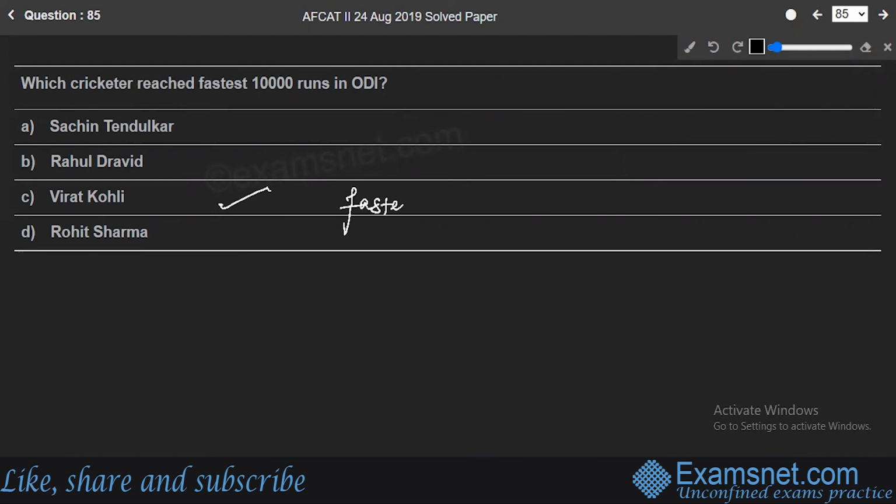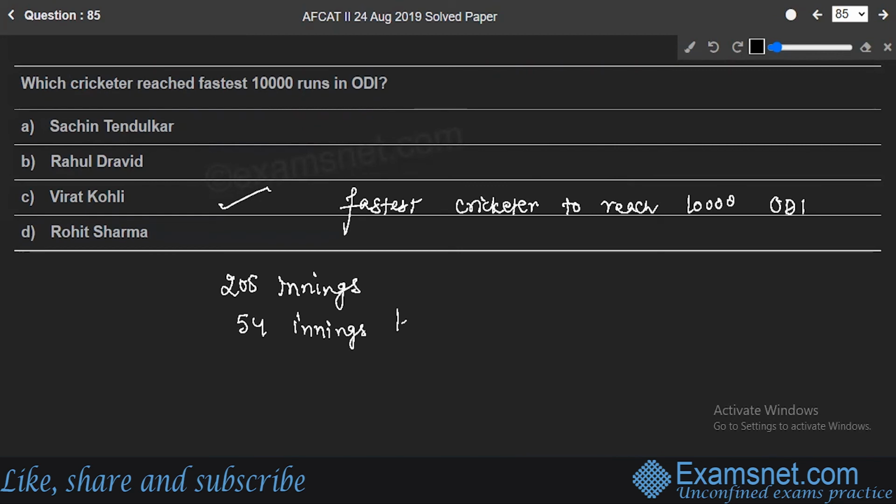He has become the fastest cricketer to reach 10,000 ODI runs. He broke Sachin Tendulkar's record. He created this record in only 205 innings, which is 54 innings less than Sachin. Isn't that amazing? Hope this is clear.